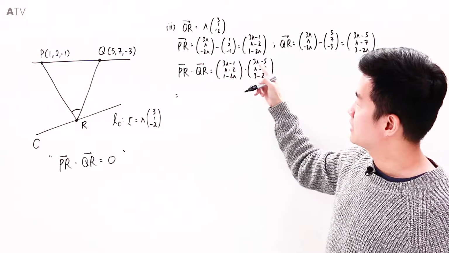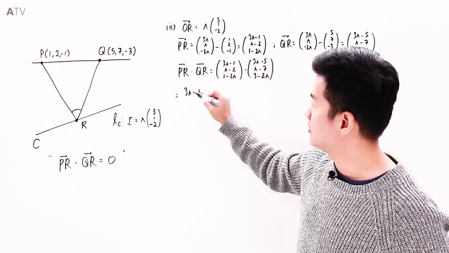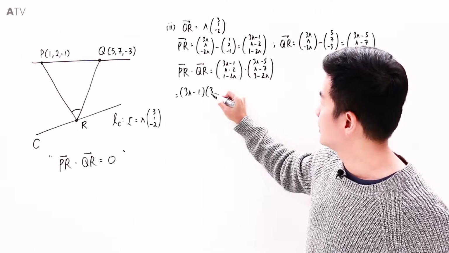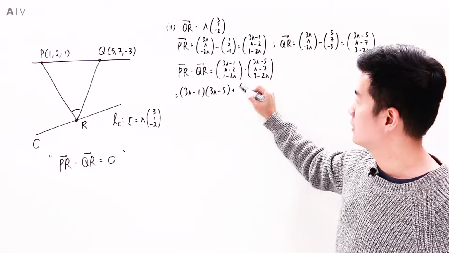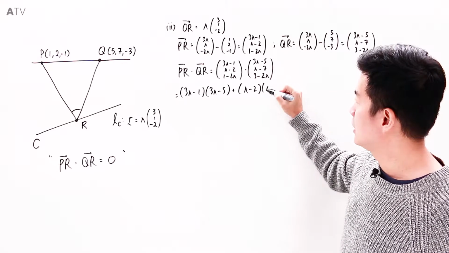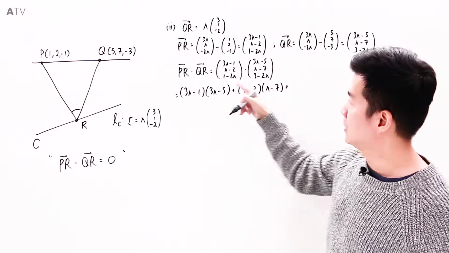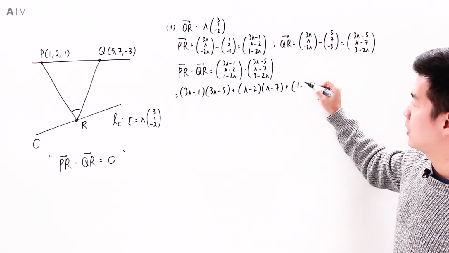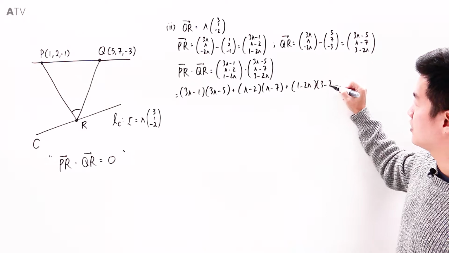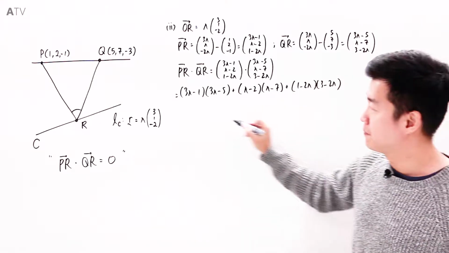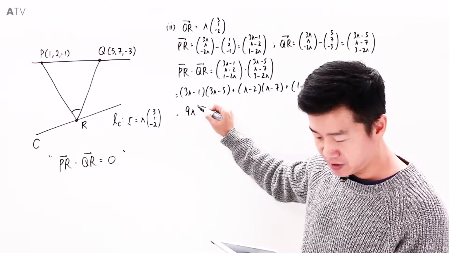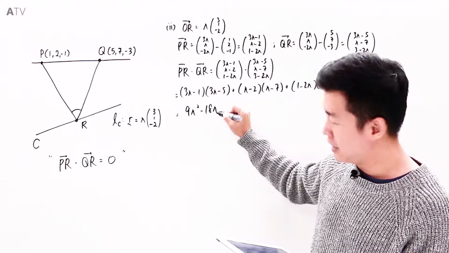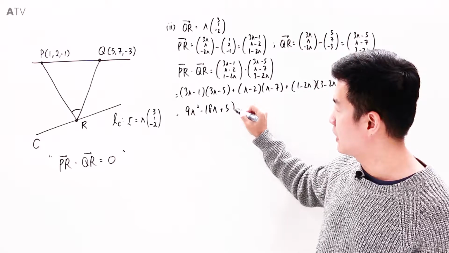And it will be this times this, which is (3 lambda - 1) multiplied by (3 lambda - 5), and then this times this, (lambda - 2) times (lambda - 7), plus this times this, (1 - 2 lambda)(3 - 2 lambda). When I expand this, I get 9 lambda square - 18 lambda + 5.